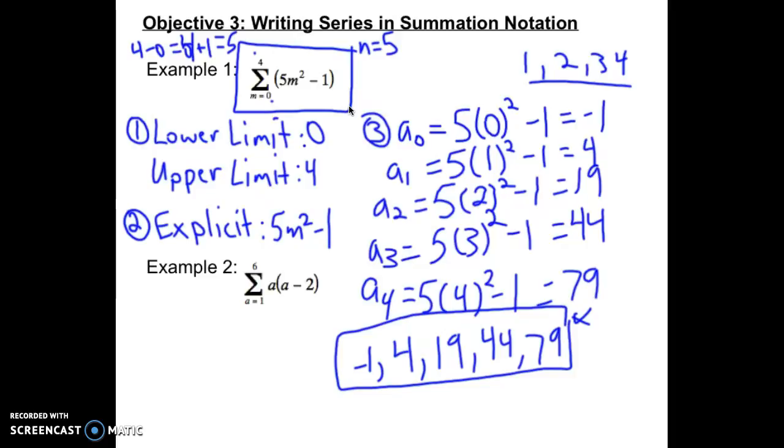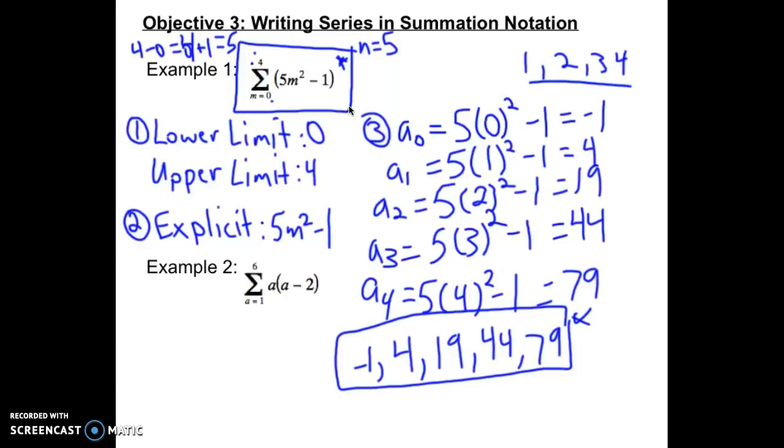This down here, negative 1, 4, 19, 44, 79, and this up here are the same exact thing. One's just written in sequence notation, and one's just written in sigma notation. And this is still a sequence. There isn't necessarily an arithmetic or geometric pattern, but it still is indeed a sequence.